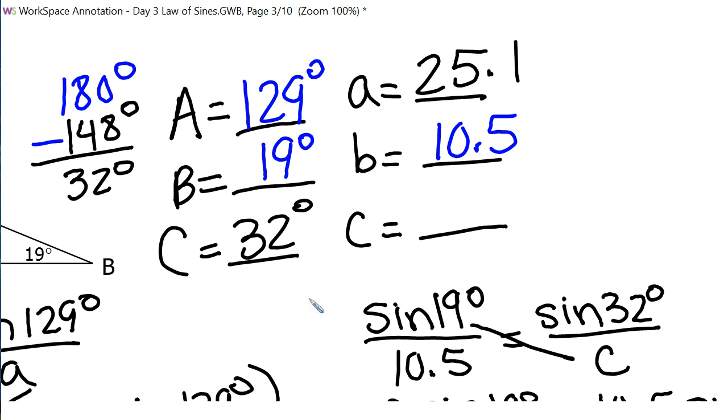Divide both sides by the sine of 19 degrees. And what is C to the nearest tenth? 17.1. Sounds like we all agree on that. So that one has one solution.